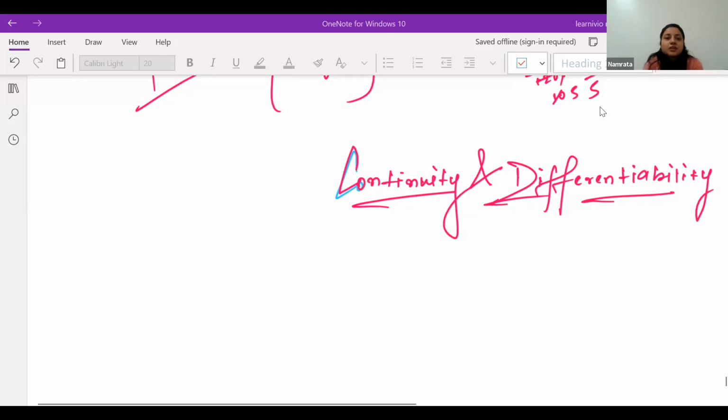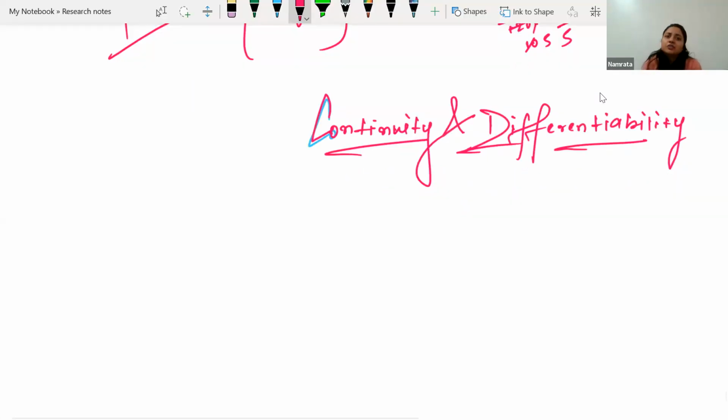I'm working on something continuously, or a person is going to the gym on a daily basis. So continuity means every day, or repeating the same thing.